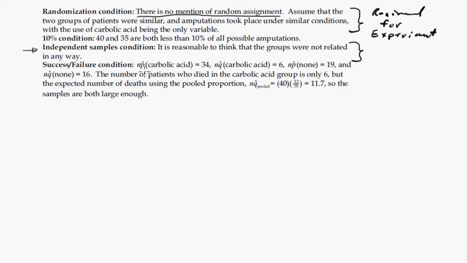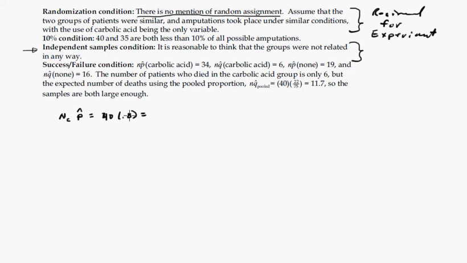Now when we start doing the computations, let's see, n_C times p-hat, because we're doing a two proportion test, that's going to be 40 times 0.85.